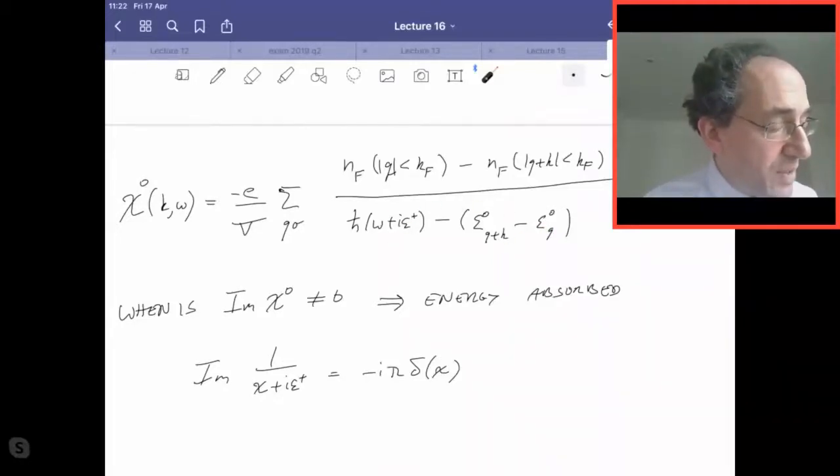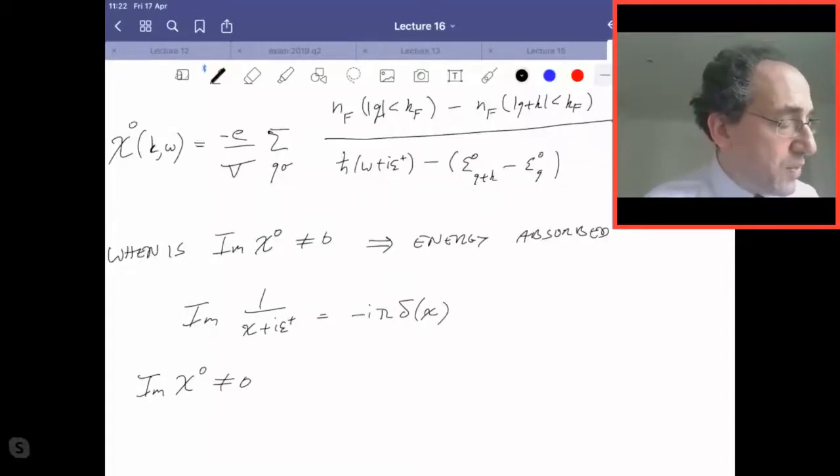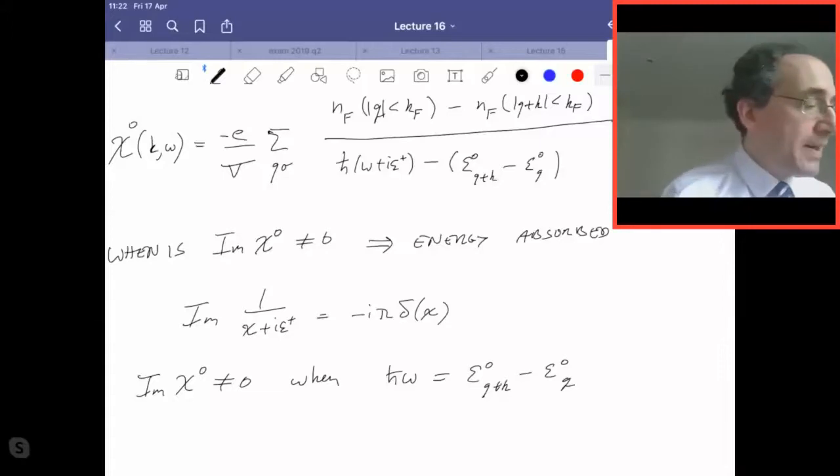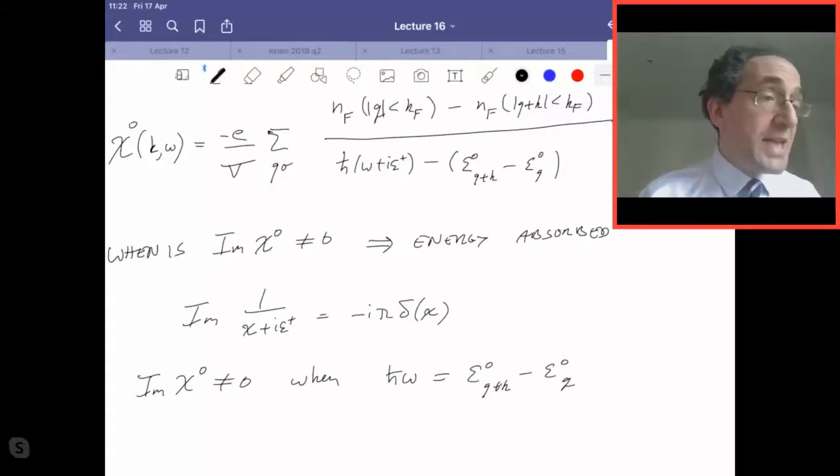So imaginary part Im chi naught is not equal to 0 when h bar omega equals E naught of k plus q minus E naught of q. Okay, well, what is that?